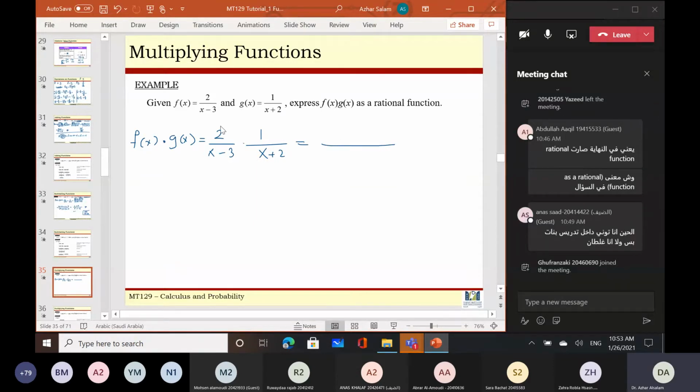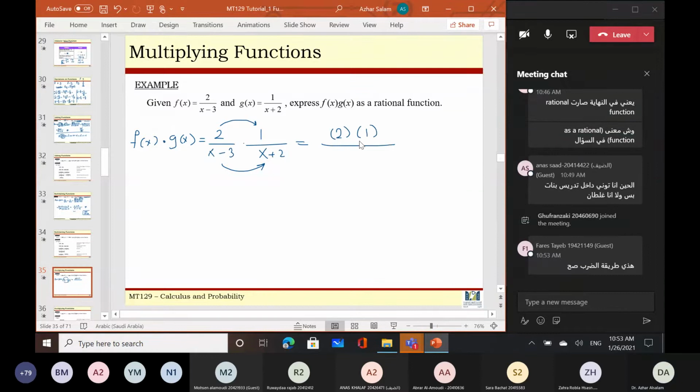It's just a multiplication, so I multiply the numerators together and denominators together. In the numerators I have just numbers, 2 multiplied by 1. This is the multiplication method. And I multiply x minus 3 by x plus 2. So the answer will be 2 divided by x squared minus x minus 6.